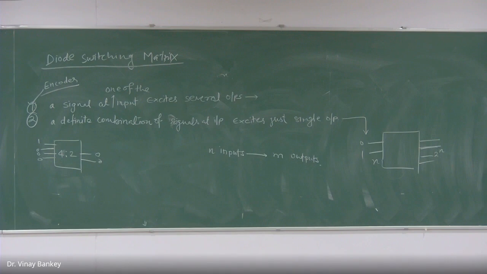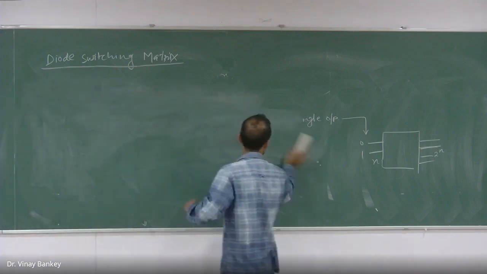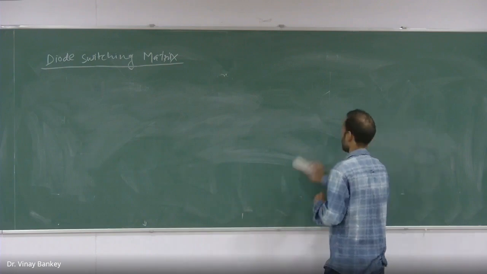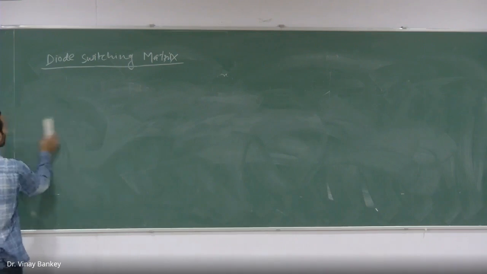Okay. This BCD to decimal we also performed with encoder, isn't it? BCD to decimal or decimal to BCD. Okay. So now we'll see this BCD to decimal using the diode switching matrix. Yes, decimal to BCD it was.